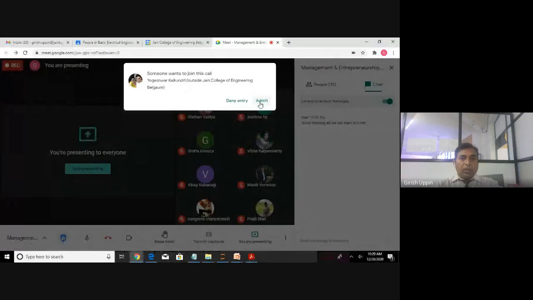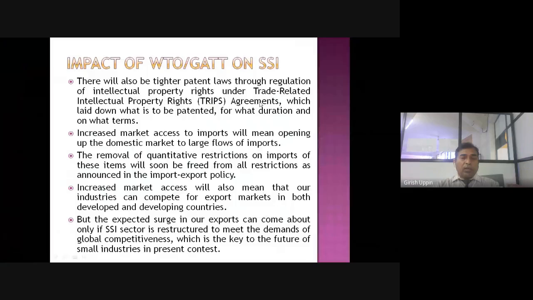For example, some of the patents in the pharmacy industry, because the pharmacy industry puts a lot of research, a lot of investment in research, and they come up with medicine for some of the prevailing diseases. When they patent, they are given, let's say, 15 or 20 years of patent. After that period, that particular technology will be open for all.